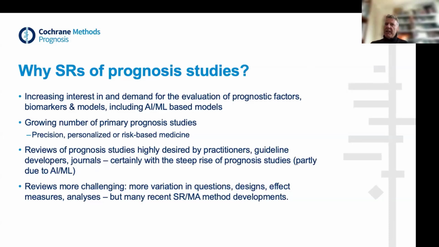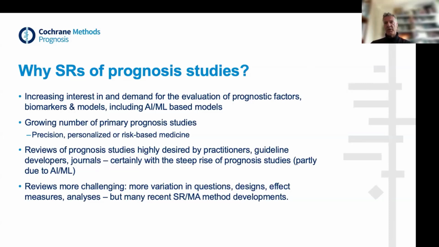And why is this increasing interest so big? First of all, almost every minute, and you can check it yourself, if you plug in the word biomarker in PubMed, almost every few minutes a new paper erupts. And it's usually a biomarker for some prognostication, for some disease or for some outcome. And the number of prognostic models is in the thousands, in the tens of thousands, some people say in the 100,000s even.